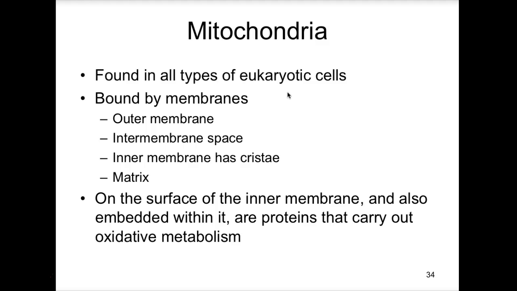They would be the cristae of the mitochondria, or in the singular, crista. If you look between the outer and inner membrane, you have the intermembrane space. And inside the inner membrane, the innermost compartment of a mitochondrion is the matrix.